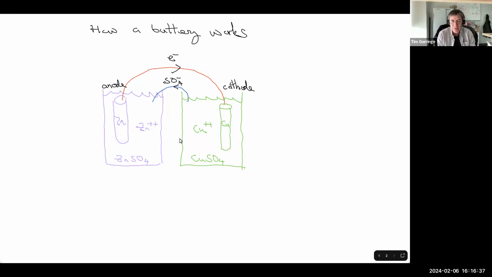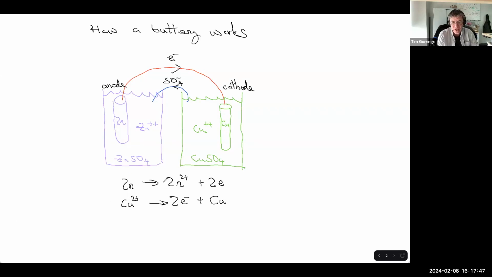One reaction is on the left-hand side at the zinc electrode and involves the zinc. And the other reaction is on the right-hand side at the copper electrode and involves the copper. So I'm going to write these 2 down, and then I'm going to discuss them. So upstairs here and downstairs here, these are the 2 reactions.